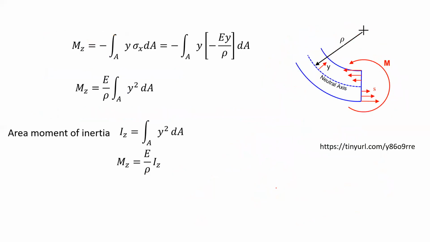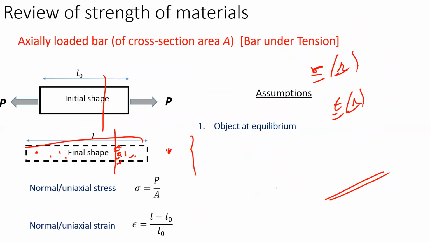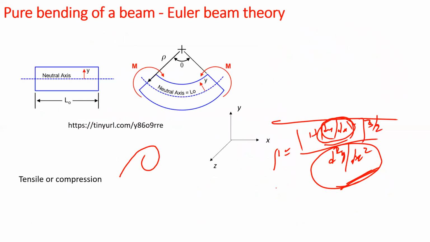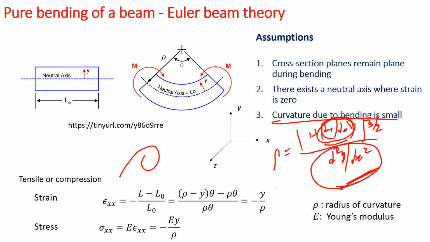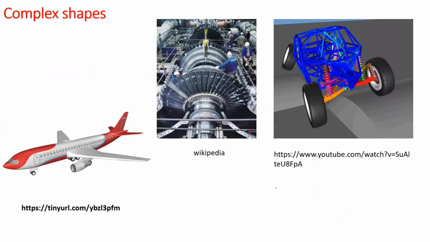If we scroll back a couple of slides and see the axial loading of a bar, beam bending, or even torsion, these are all one-dimensional. We have essentially solved those problems in a one-dimensional way. In this course, ME 321, we will solve problems in 2 dimensions, and if time permitting, even 3-dimensional problems. All right, so that is the essence of this course.